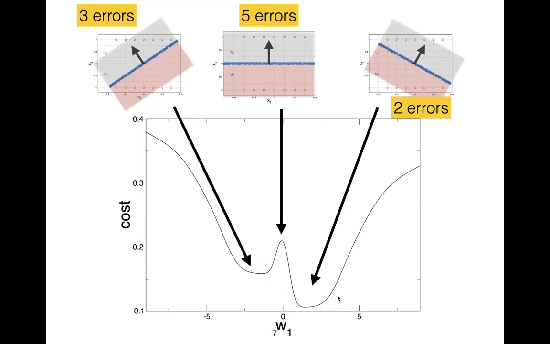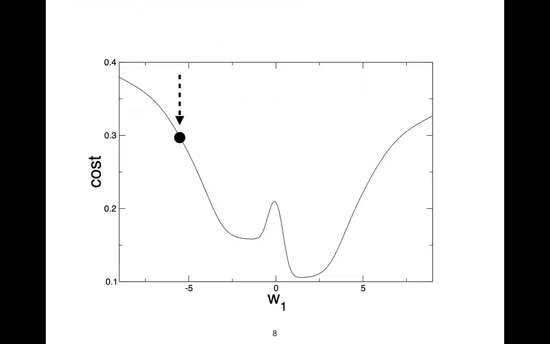So if we do gradient descent, as said, we do not know what a good set of weights is, what a good W1 is from the start. So we make a random guess. Say we guess W1 equals -5. Here, we end up here. We do gradient descent, 1 step, 2 steps, and 3 steps.